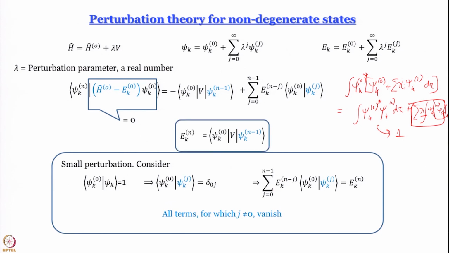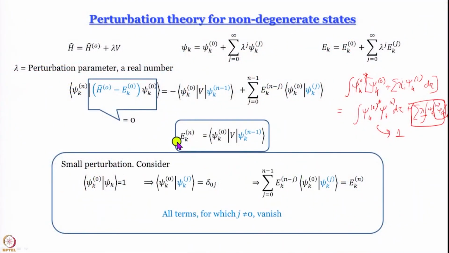that integral turns out to be the expression for the nth order perturbation to the energy of the kth state. Okay. See, so far we had only done first order perturbation. Now we have got an expression for the energy correction for nth order perturbation, and look at this expression. It is remarkably similar to what we had got for the first order perturbation. Not only that, what we got for the first order perturbation is not surprisingly a special case of this nth order perturbation, right.